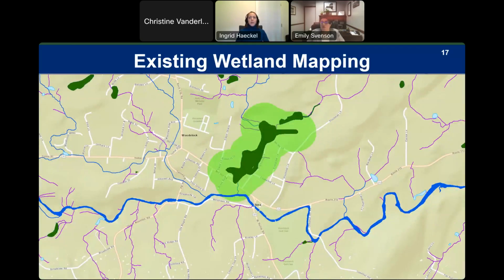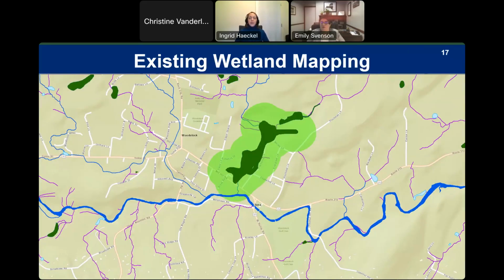So similarly to the issues with stream maps, state and federal wetland maps are very incomplete. This map shows that there's one DEC mapped wetland near the center of Woodstock in our study area here, and that has this light green check zone around it that the state includes with the freshwater wetland maps because we know they're pretty inaccurate.